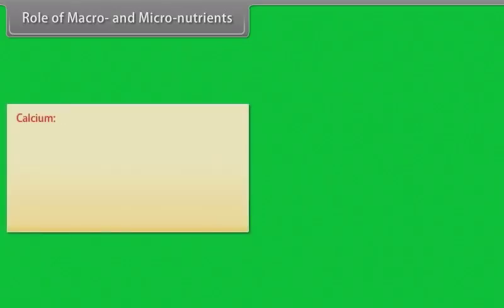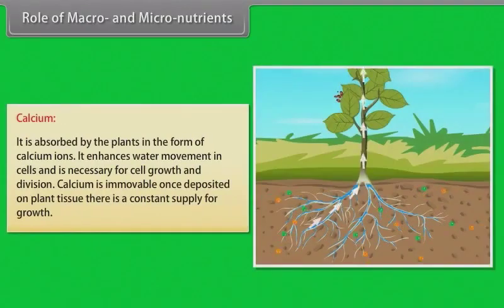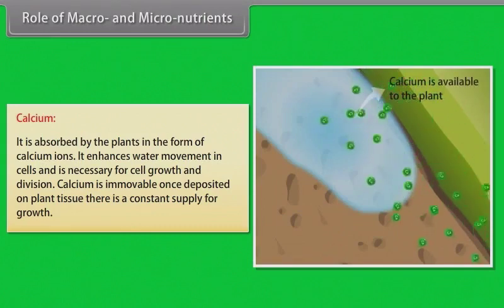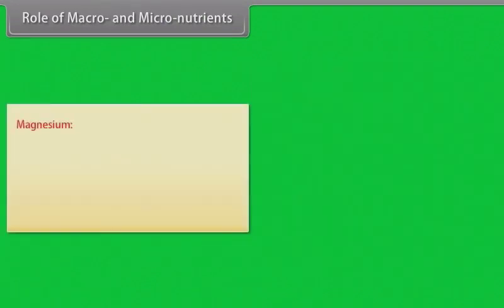Calcium. It is absorbed by the plants in the form of calcium ions. It enhances water movement in cells and is necessary for cell growth and division. Calcium is immovable. Once deposited in plant tissue, it is not remobilized, so there must be a constant supply for growth. Magnesium.